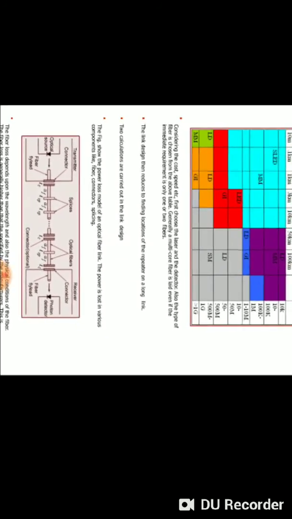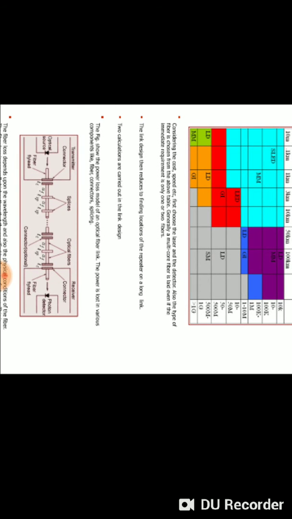Then the link design reduces to finding locations of the repeater after a long link. Repeaters are also used in optical link design to increase the strength of the signal for long distance transmission. So that is the first point related to optical link design.